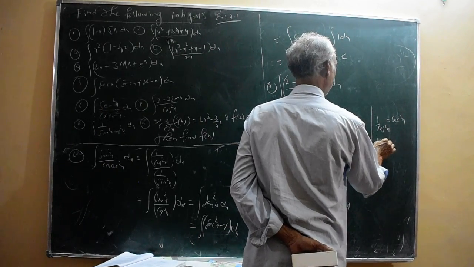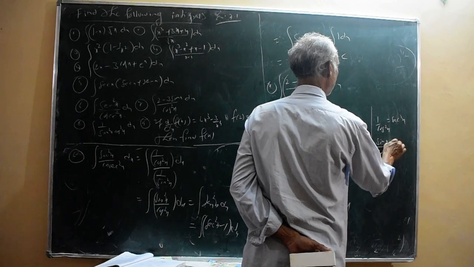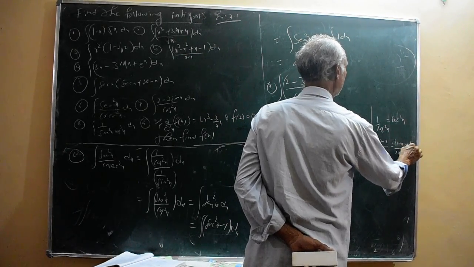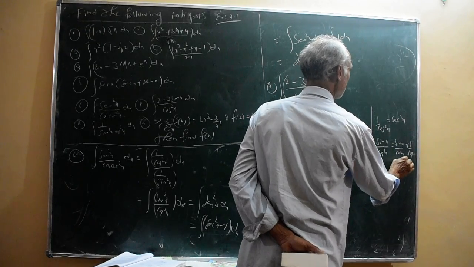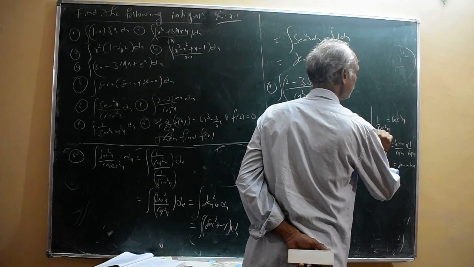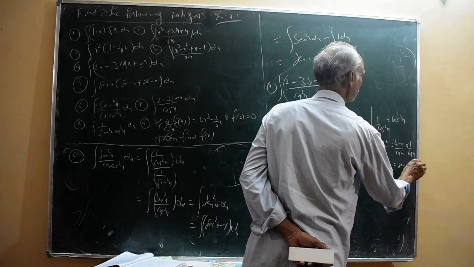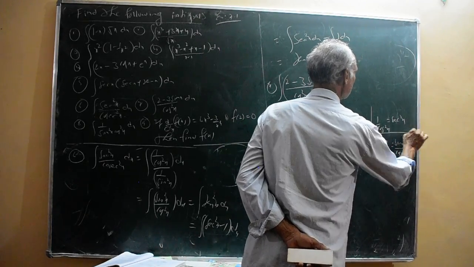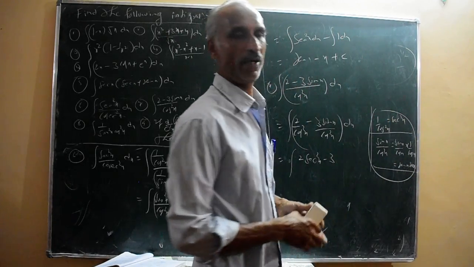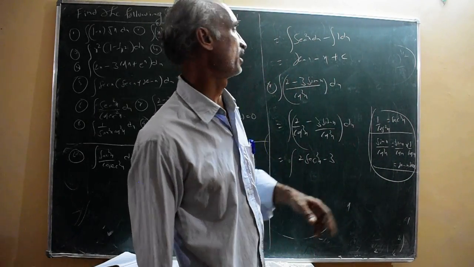And sin x by cos square x equals sin x upon cos x into 1 by cos x. Sin x by cos x is tan x, and 1 by cos is sec x. Therefore 1 by cos square x is sec square x.